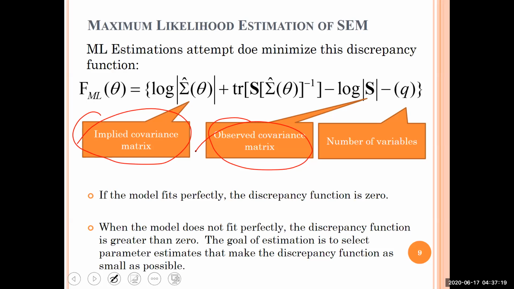Therefore, this discrepancy function is going to be 0, right? So to fit the model is to find the parameter values that minimize the discrepancy function. This is typically done iteratively with an optimization method.